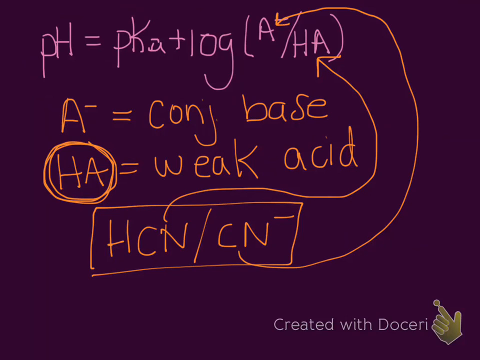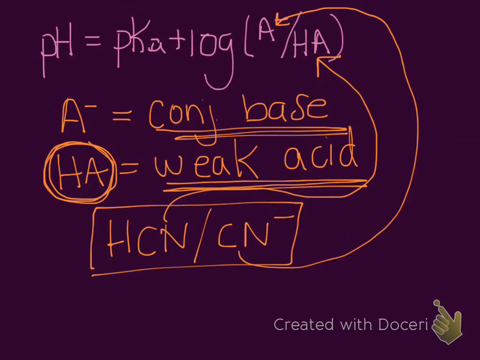If you are starting with a weak acid, or its conjugate base, so some sort of anion that comes from a salt that you're going to be using, with either of those, no matter whether you start with the conjugate base or you start with a weak acid, you're going to start with the pKa.